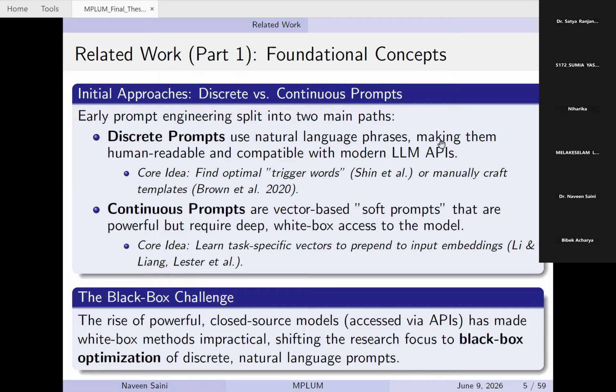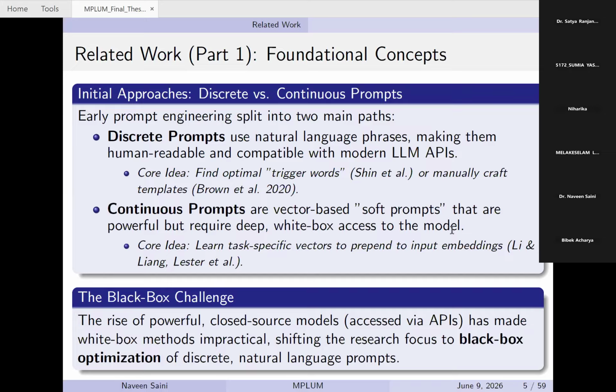It uses natural language phrases, making them human readable and compatible with modern LLM APIs. On the other hand, we have the continuous prompt, also called a soft prompt. They are vector based, powerful, but require deep white box access to the model.